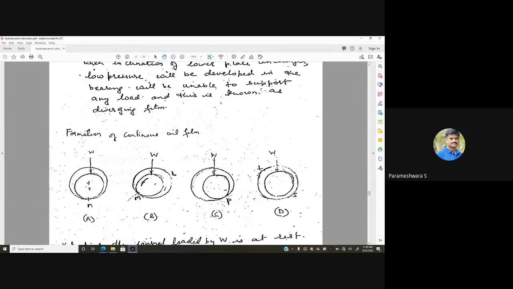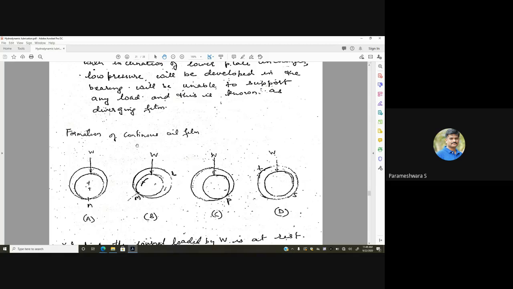The journal then runs almost concentrically with the bearing block, as shown in stage D. Here the oil film is not continuous, and here also it is not continuous, but at the fourth stage the oil film becomes continuous. This is how the continuous oil film forms in hydrodynamic lubrication, especially in journal bearings.